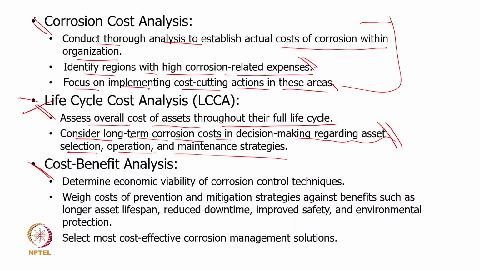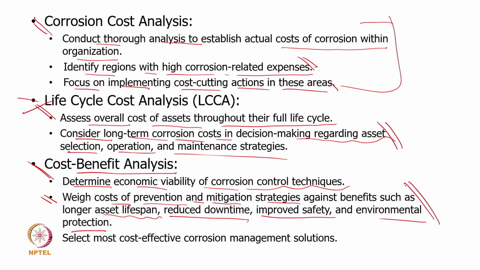So we will take one example related to this. Then we have the cost benefit analysis. We need to figure out what the economic viability is if we are going to go ahead with the corrosion control techniques. Here we weigh cost. We need to prevent or mitigate the corrosion, but are we able to really see a reduction in downtime and an improved safety environment? But when we come to the industry, then only we will have realistic data.